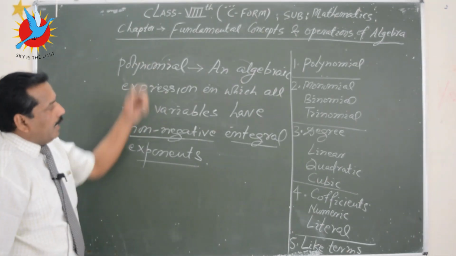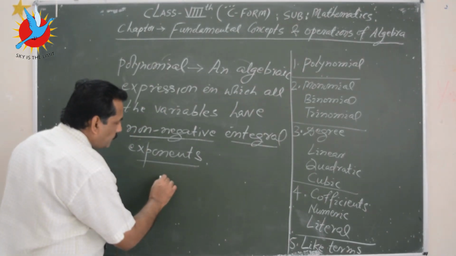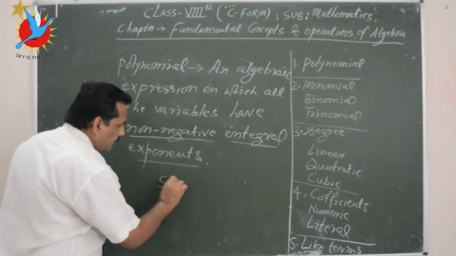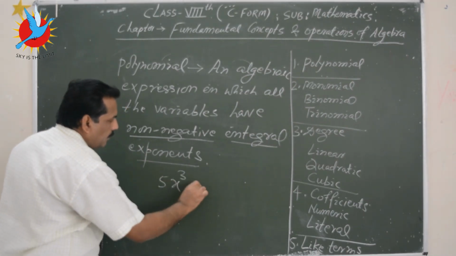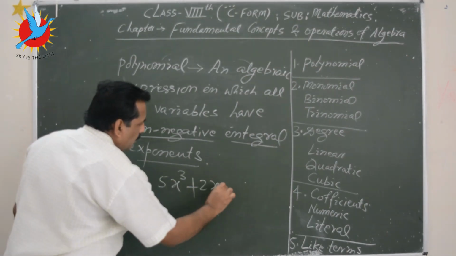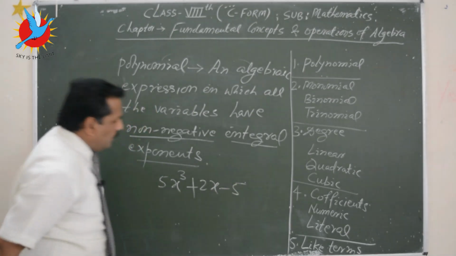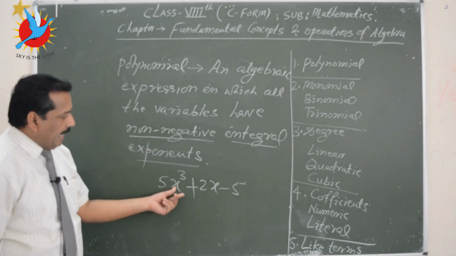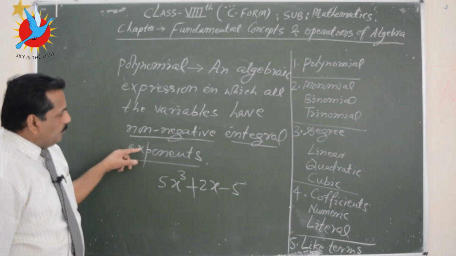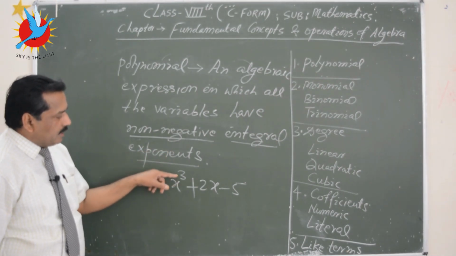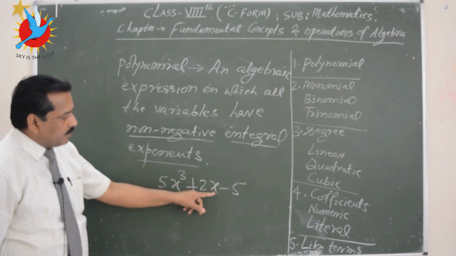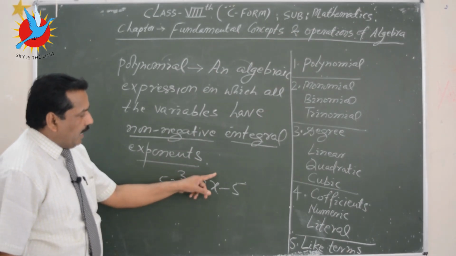For example, 5x to the power 3 plus 2x minus 5. This is the variable x. The exponent, meaning the power of this variable, is 3, and here it is 1.